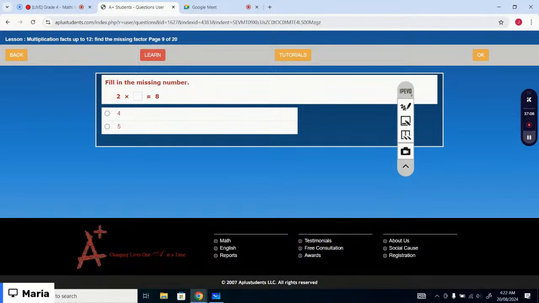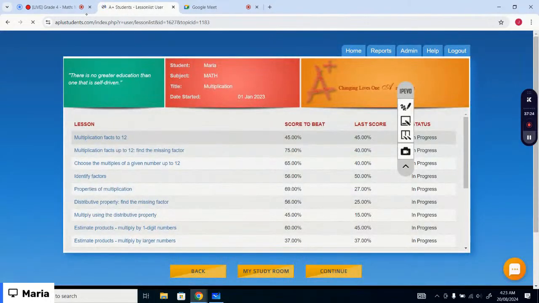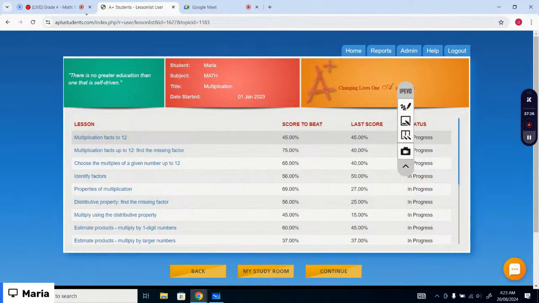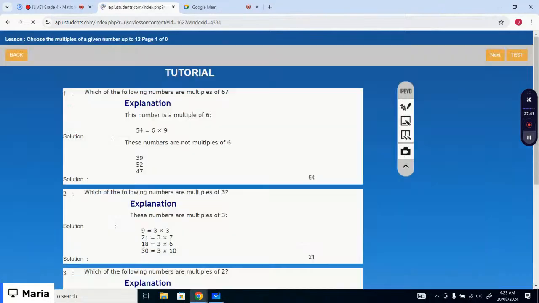Okay, you can complete the lesson by yourself later today. Let me just move on to the next lesson. The next lesson is choose the multiples of a given number up to 12. So let's just start with the next lesson.